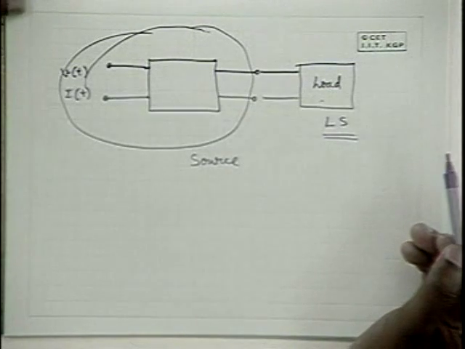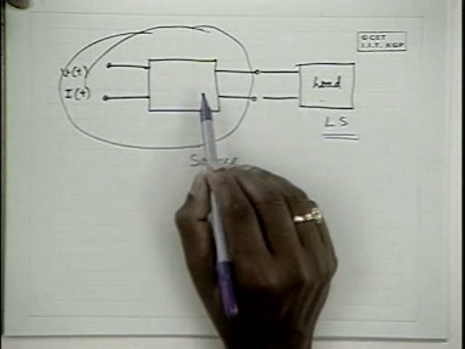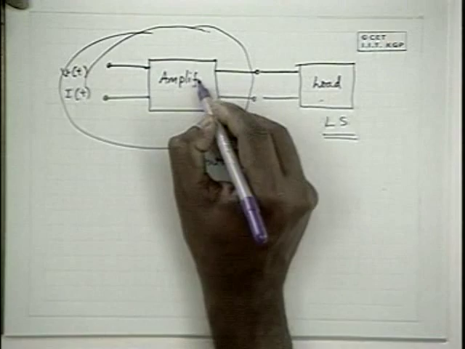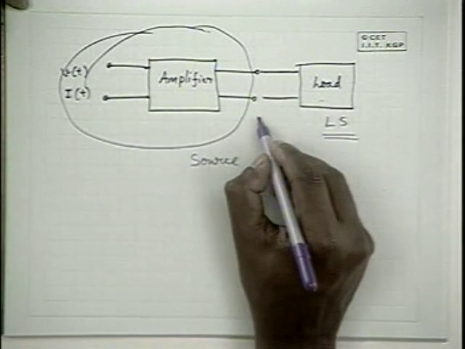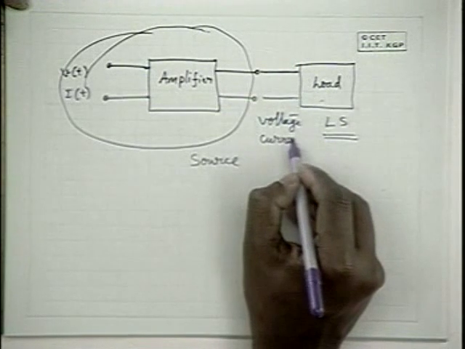Hence, an amplifier also needs to give either a voltage signal at its output or a current signal at its output.